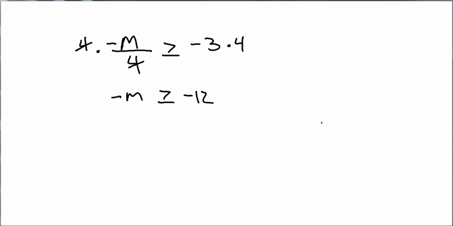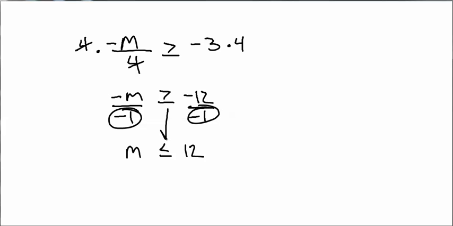Are you done? No. Now you've got to divide by negative 1. Alright, and m is going to be less than or equal to positive 12. Divided both sides by a negative, so you've got to change the direction of the inequality.